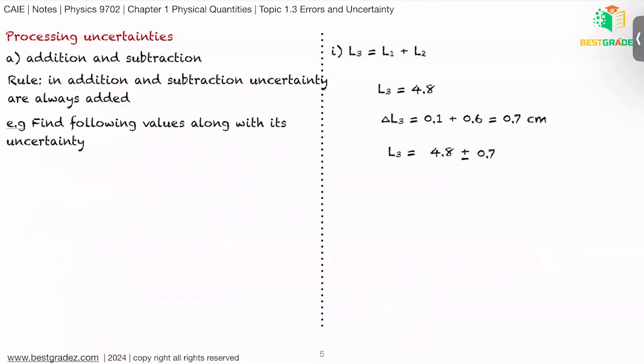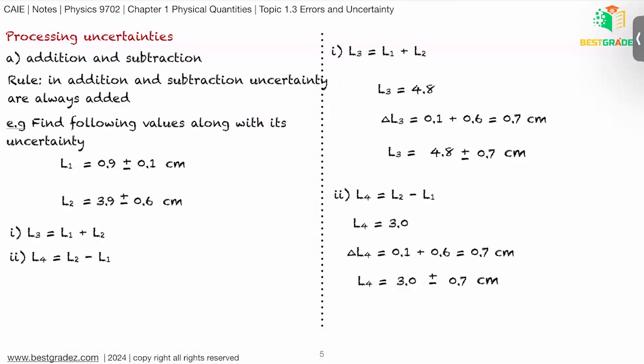Look at the values. In L3 they had to add the two values, so we added and got 4.8. Uncertainty is also added. And even if we were to subtract two values, the answer came to 3.0, but uncertainty is still going to be added.